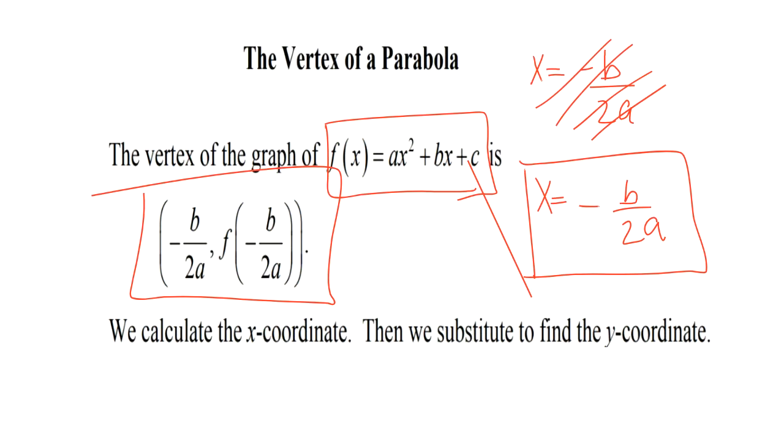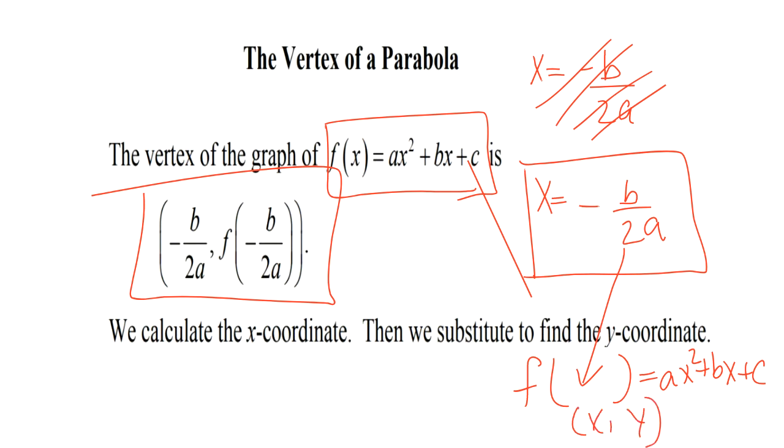And then once I know the x, I just plug that information back in the function to find y. So I will plug whatever x number I get back into the function, then I will have my y, and then I will have my vertex.